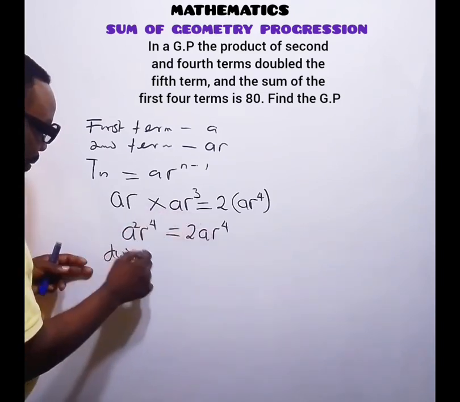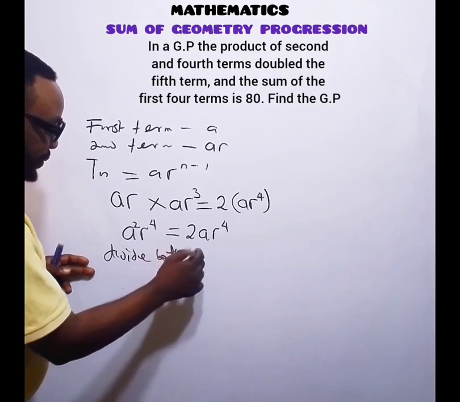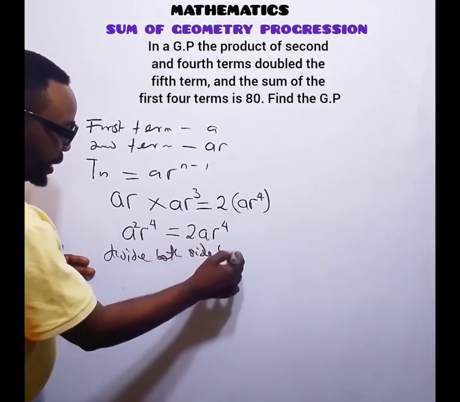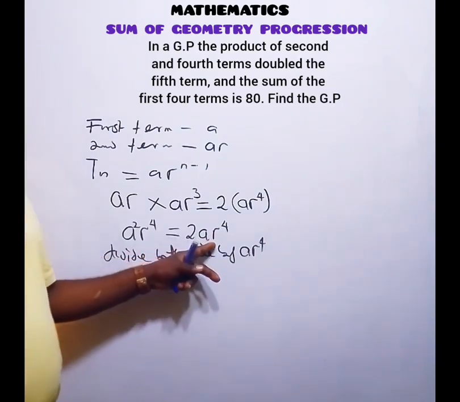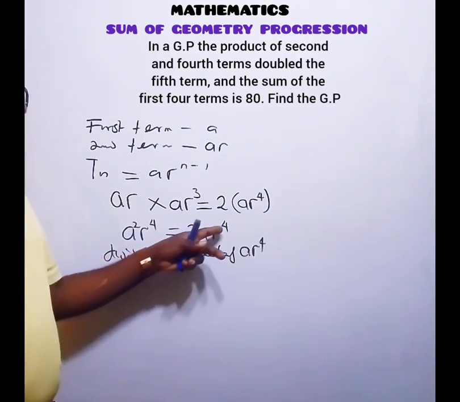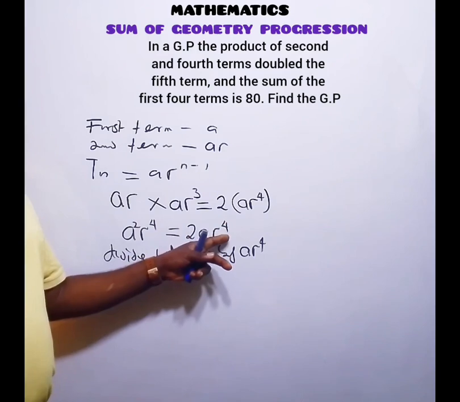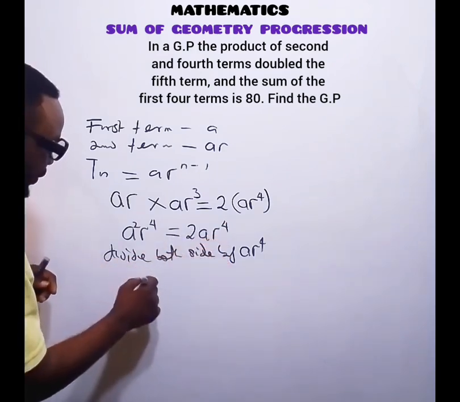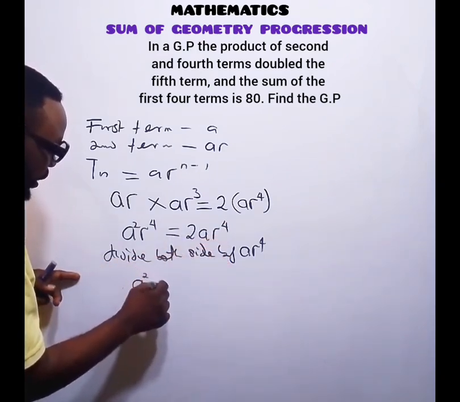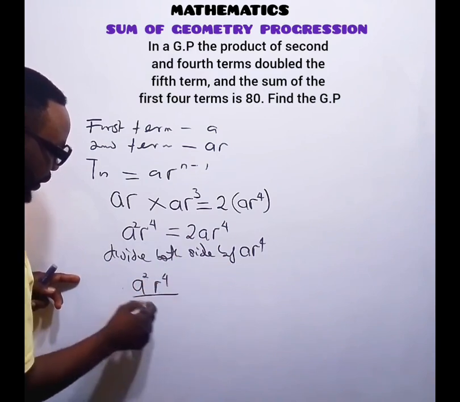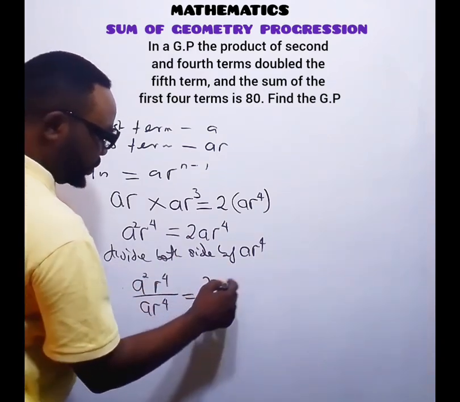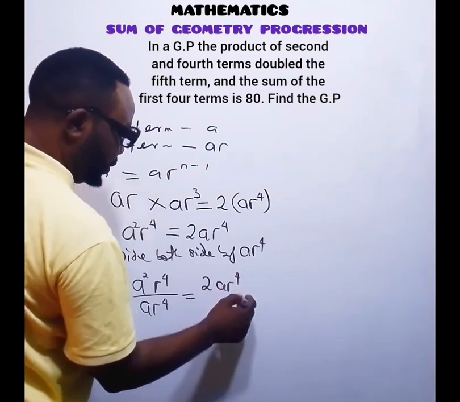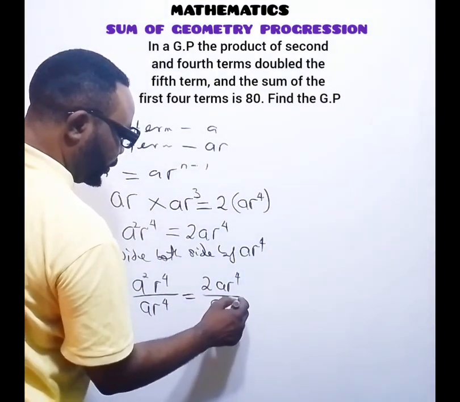Divide both sides by AR raised to power 4. In other words, we are dividing it by all the value of AR raised to power 4 that we have in the right hand side here. So we are going to have A squared R raised to power 4 over AR raised to power 4 is equal to 2 AR raised to power 4 over AR raised to power 4.